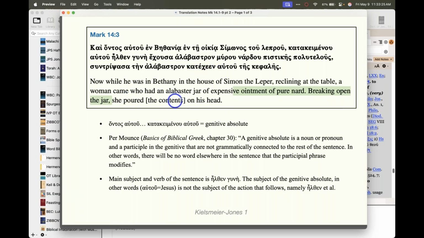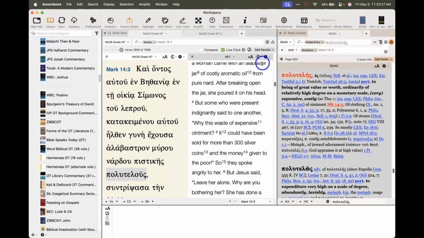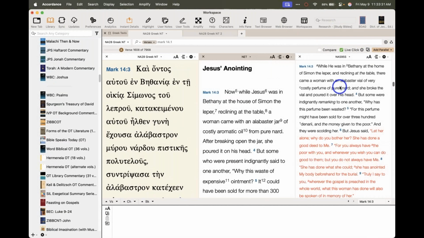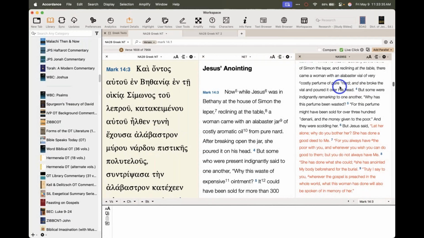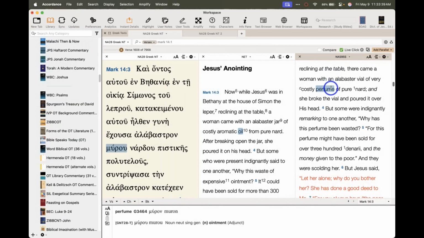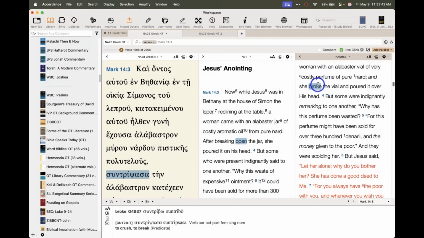I just put she poured the contents on his head in brackets. I pointed out how the NASB will often give us, where words are not present in the text, they'll give it to us in italics. Here they just say she broke the vial and poured it over his head.